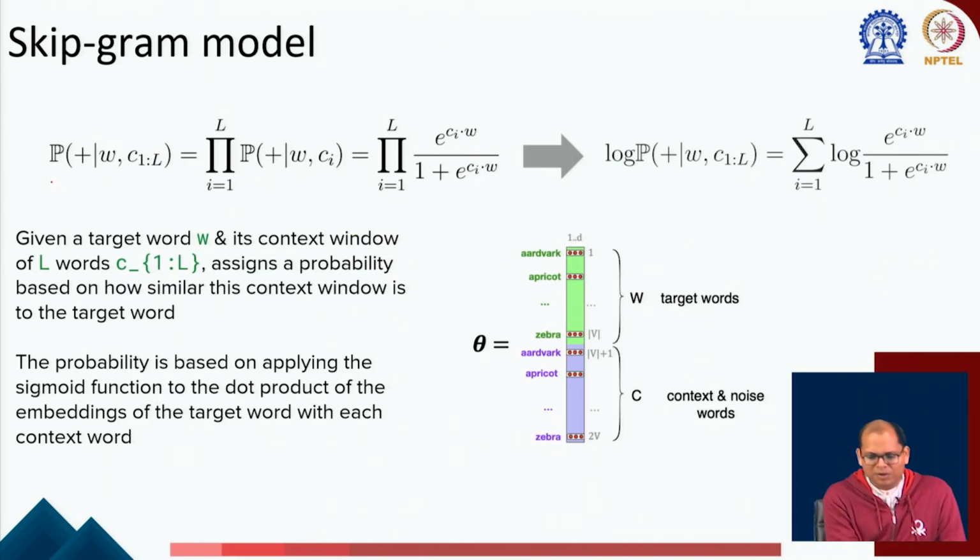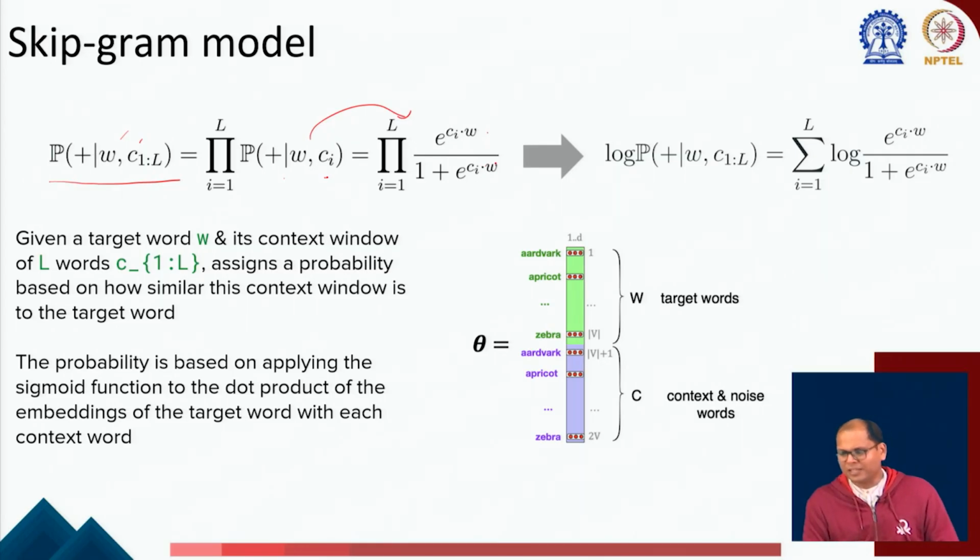So the probability that this is a positive sample given w in the context will be, for all contexts c_i, the probability of positive given w, c_i, and this I'll model using embedding similarity: 1 upon 1 plus e to the power minus c_i dot w, right?